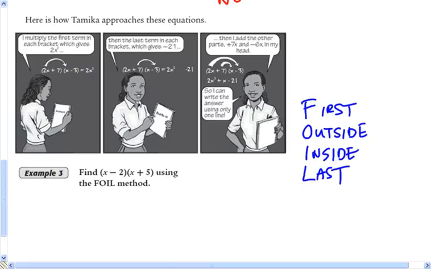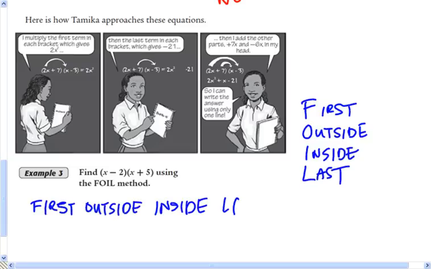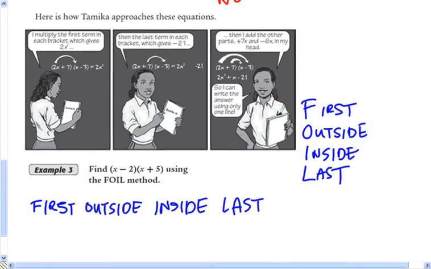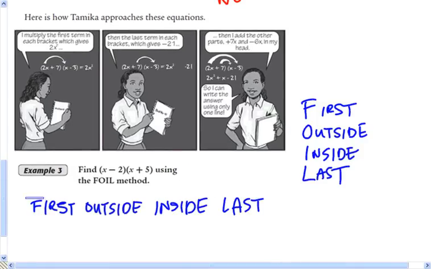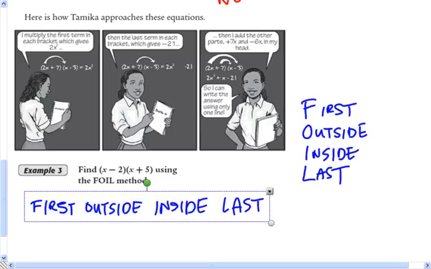And there's 4 multiplications, and each of those words represents one of the 4 multiplications. So I'm just going to write them down. First, outside, inside, last. I might use those again, so I'm just going to copy that.